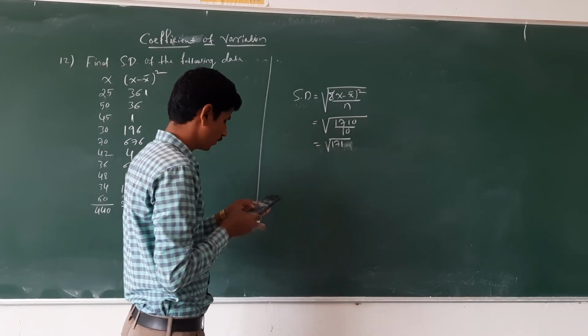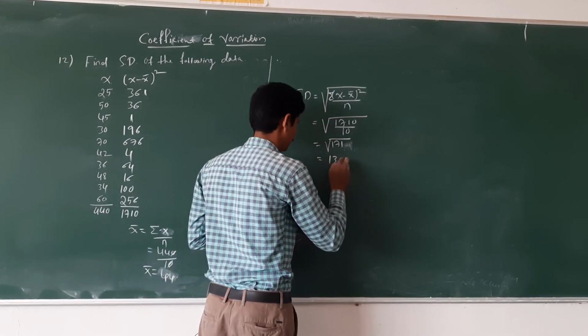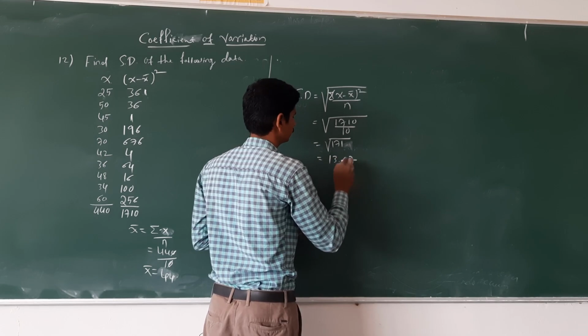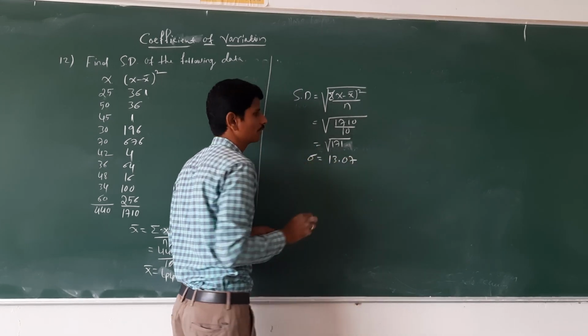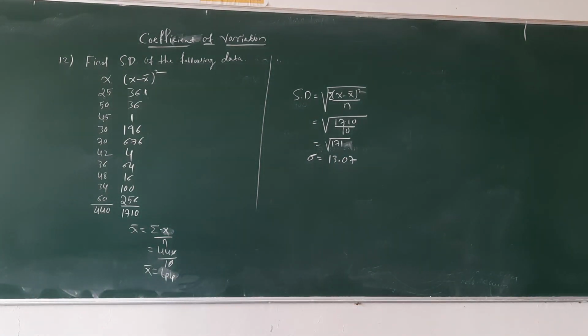The next, square root of 171 is 13.07. Here the standard deviation sigma equals 13.07. Okay, it is the standard deviation, that is the 12th solution.